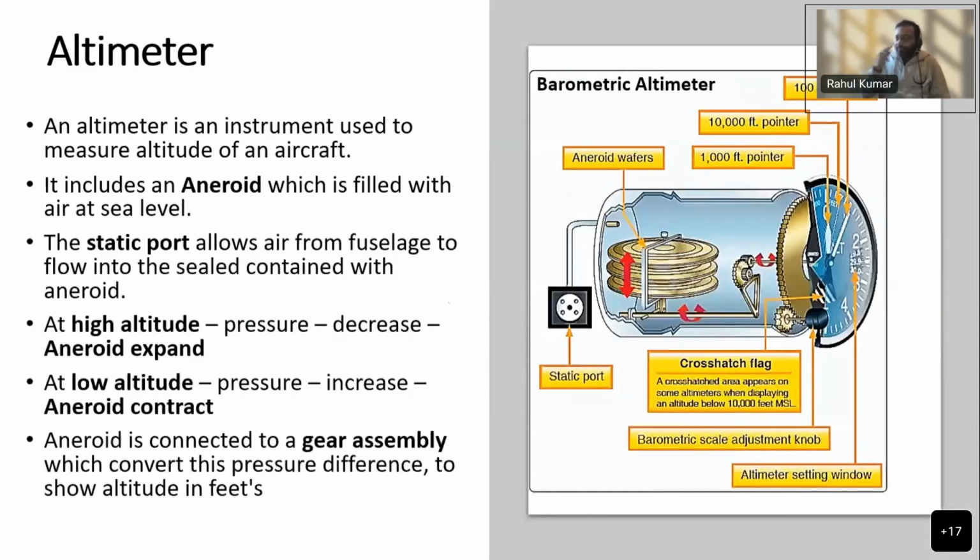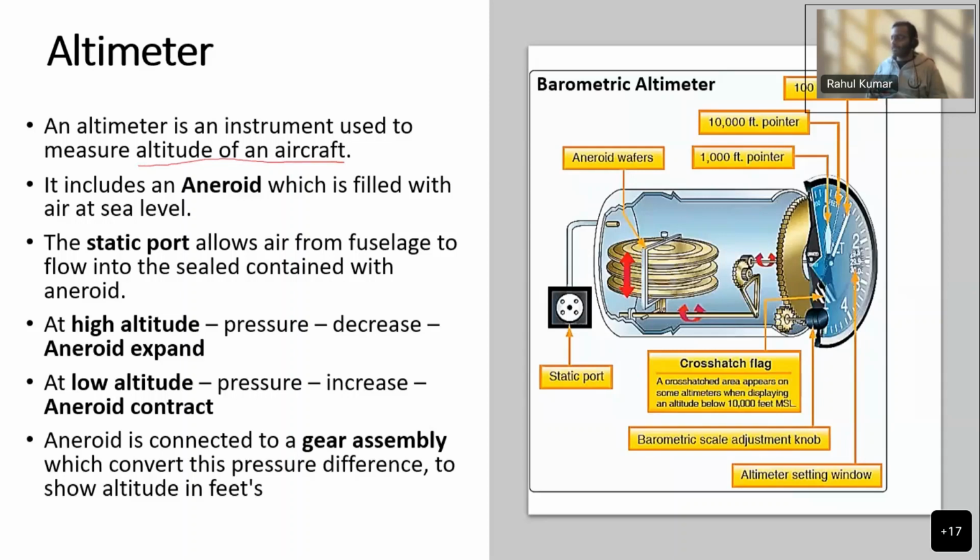Now, having had the general discussion about the temperature and the atmospheric pressure, we can discuss the first air data indicator, which is your altimeter. An altimeter is an instrument that is used to measure the altitude of an aircraft. Nowadays there are more advanced altimeters.